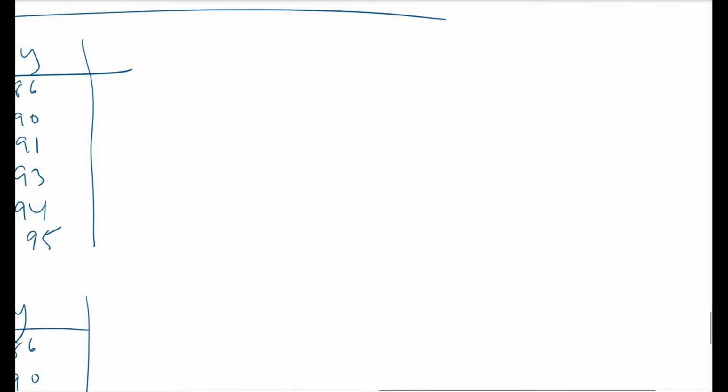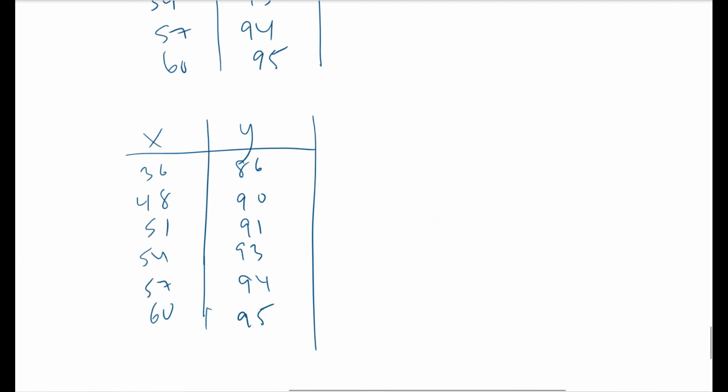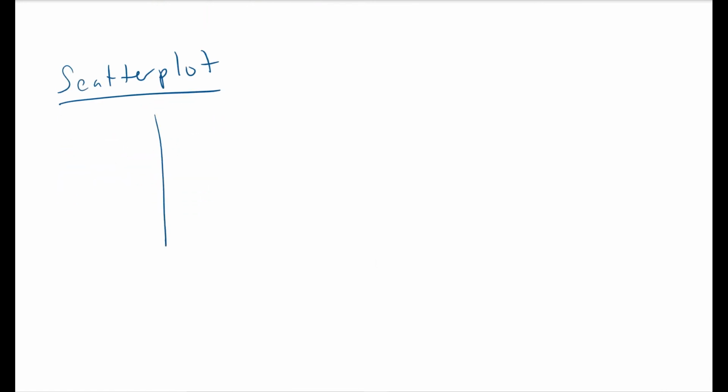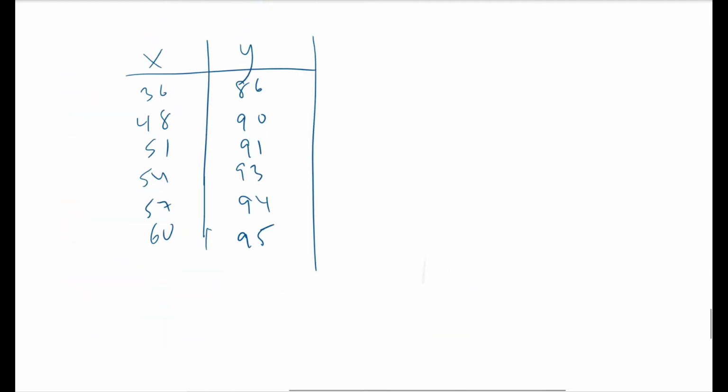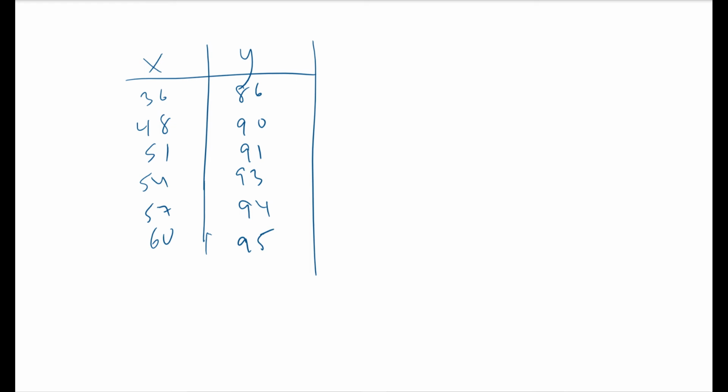So let's go ahead and do the scatter plot down here. For the scatter plot, all you've got to do is set up an x and a y axis. If you look at the y values, they vary from 86 to 95.